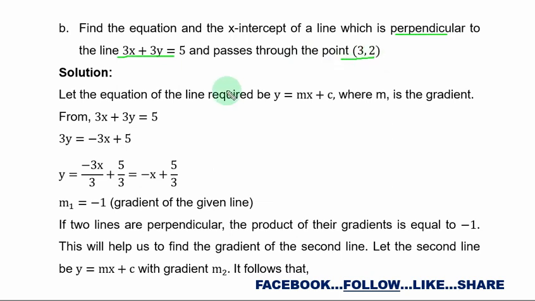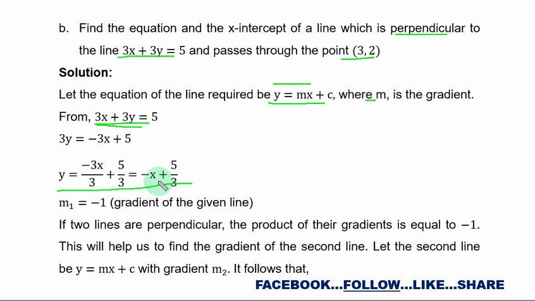Let the equation of the line required be y = ms + c, where m is the gradient. From the given equation, you need to get the gradient of the given line. So you transform the given line to this form by simply solving for y, and that gives this.